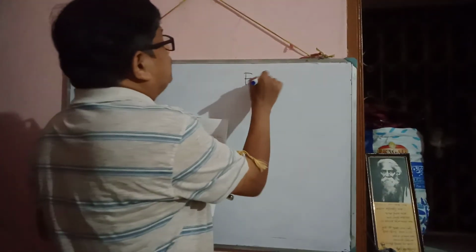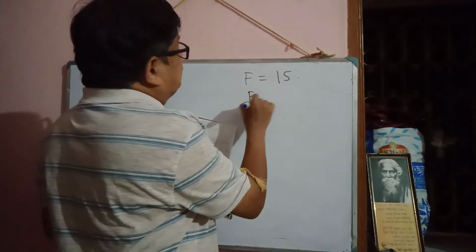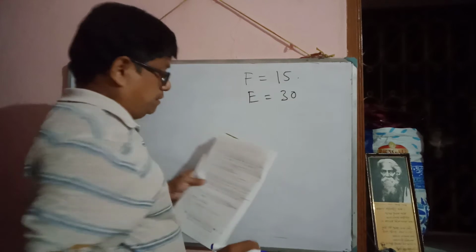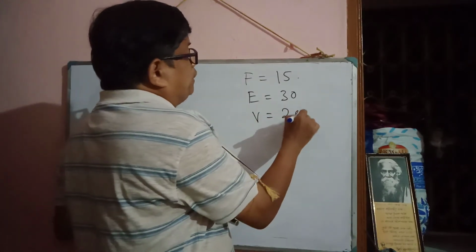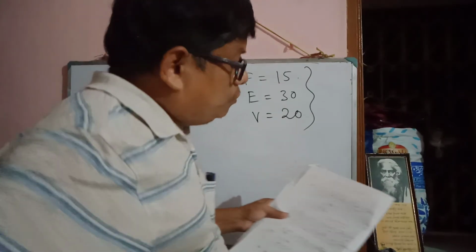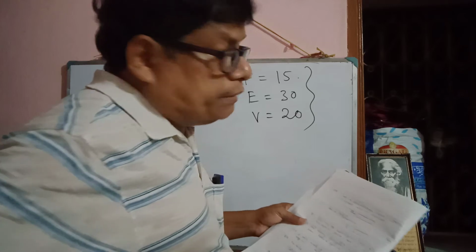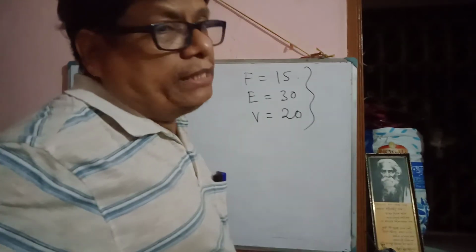Faces F is 15, edges E is 30, and vertices V is 20. Can a polyhedron have 15 faces, 30 edges and 20 vertices?